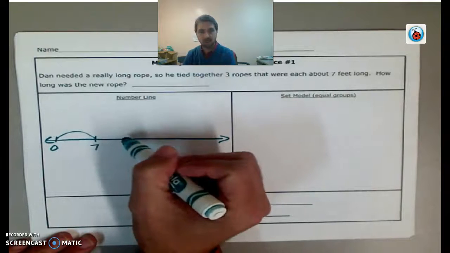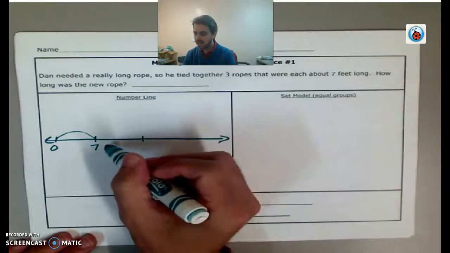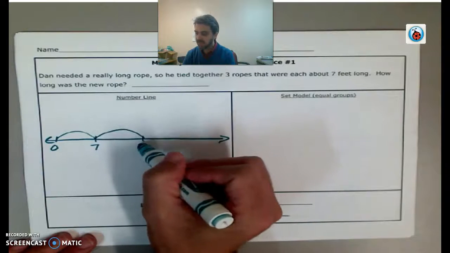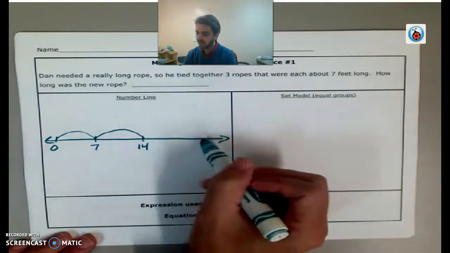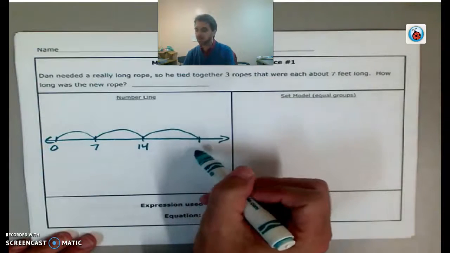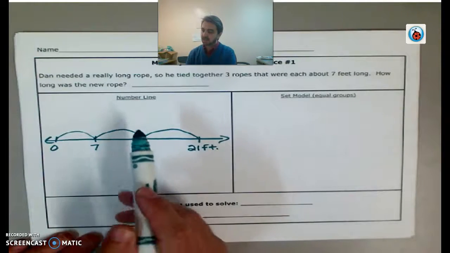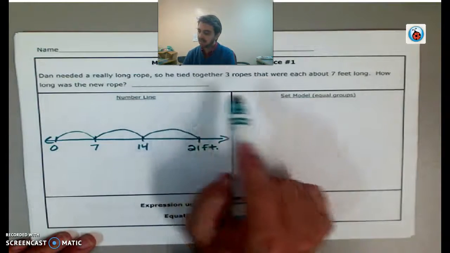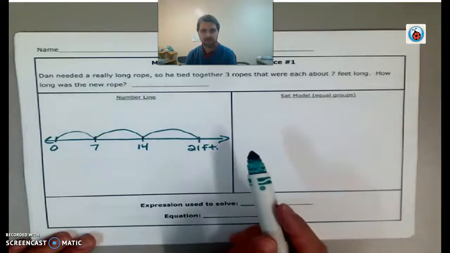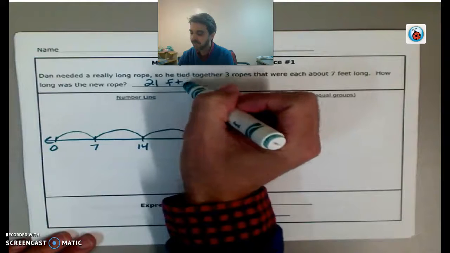And then there's another one of 7 feet. So that's going to get us to what? 7 and 7 more gives us 14. And if we have another one of 7 feet, that's going to get us to 21 feet. 21 feet. So it says, how long was the new rope? So we could answer that by saying 21 feet.